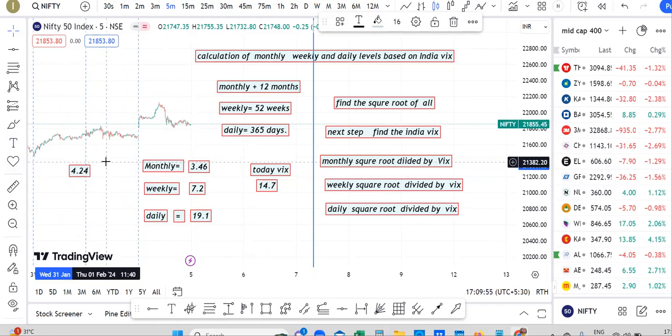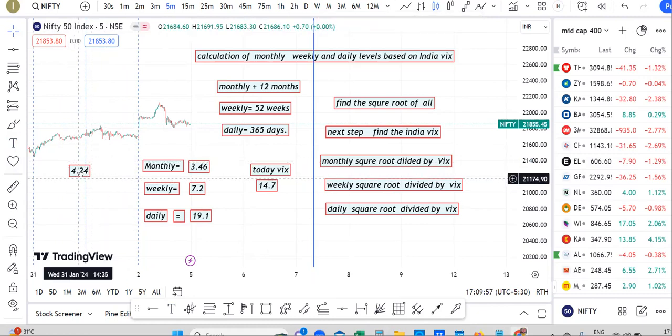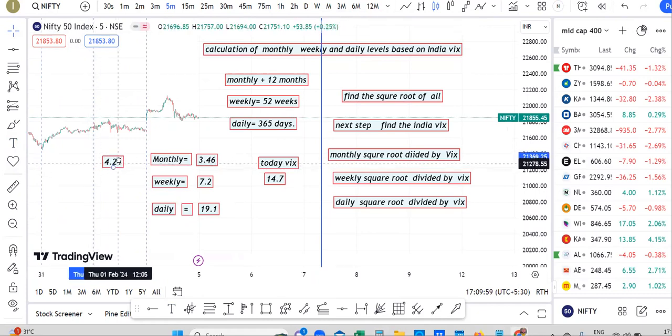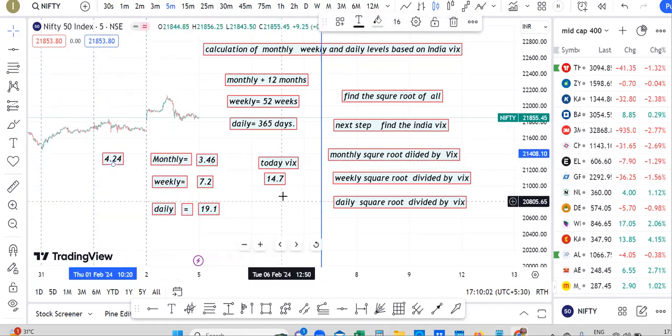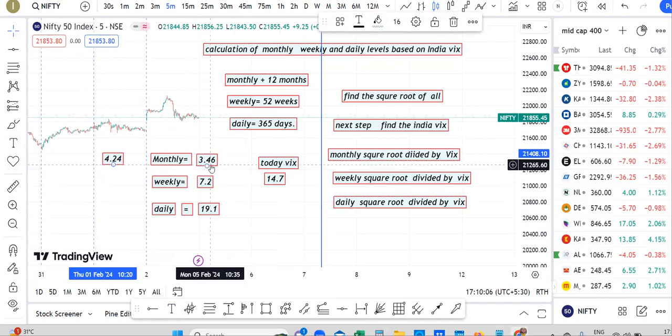So today's VIX is 14.7. I've divided by 3.46 and I'm getting the value as 4.24.